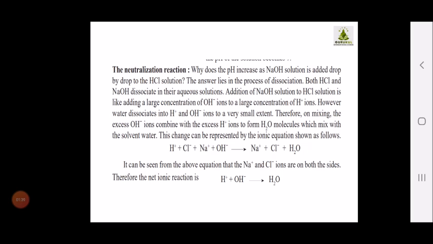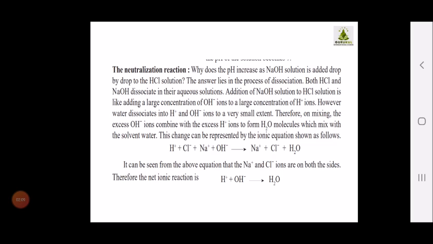Both HCl and NaOH dissociate in their aqueous solution. Addition of NaOH solution to HCl solution is like adding a larger concentration of OH- ions to a larger concentration of H+ ions. However, water dissociates into H+ and OH- ions to a very small extent. Therefore, the excess OH- combines with excess H+ to form H2O molecules which mix with the solvent water.